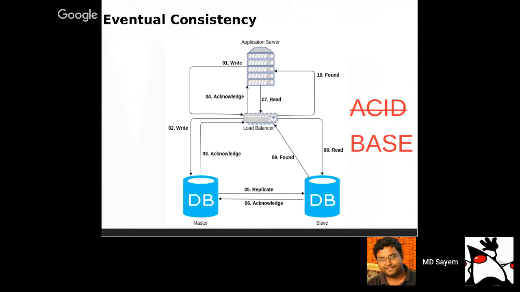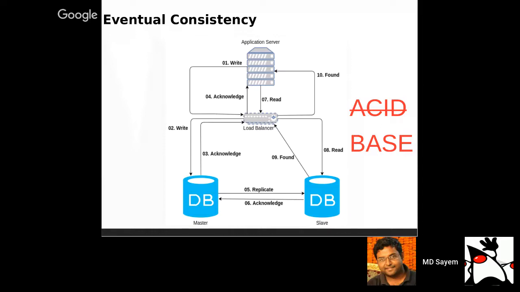For this type of situation, we say that our system is eventually consistent. It might not be consistent at a certain point of time, but after a certain period of time, it will become consistent. It is also known as a BASE system: basically available, soft state, eventually consistent. Basically available indicates that the system guarantees availability, that it is always there to serve read-write requests from the client.